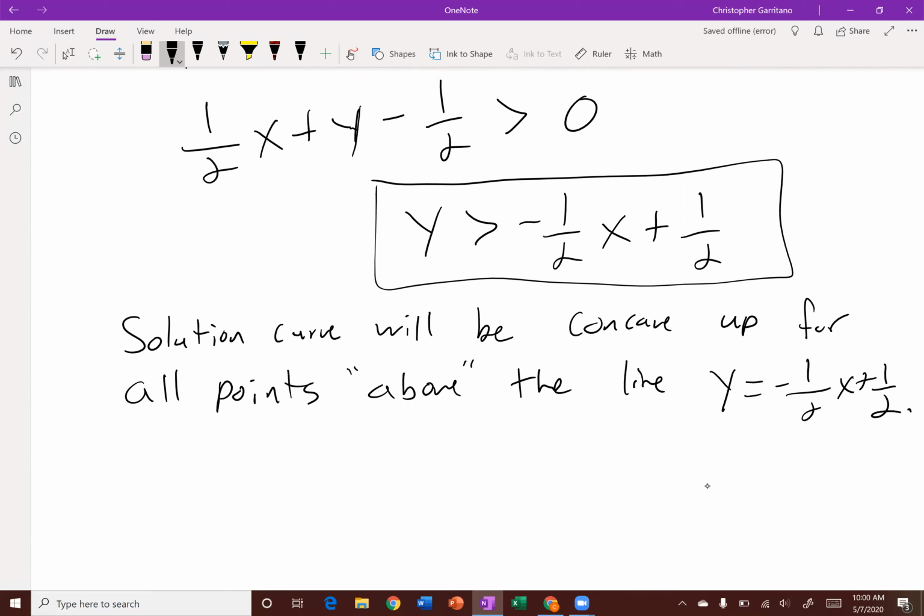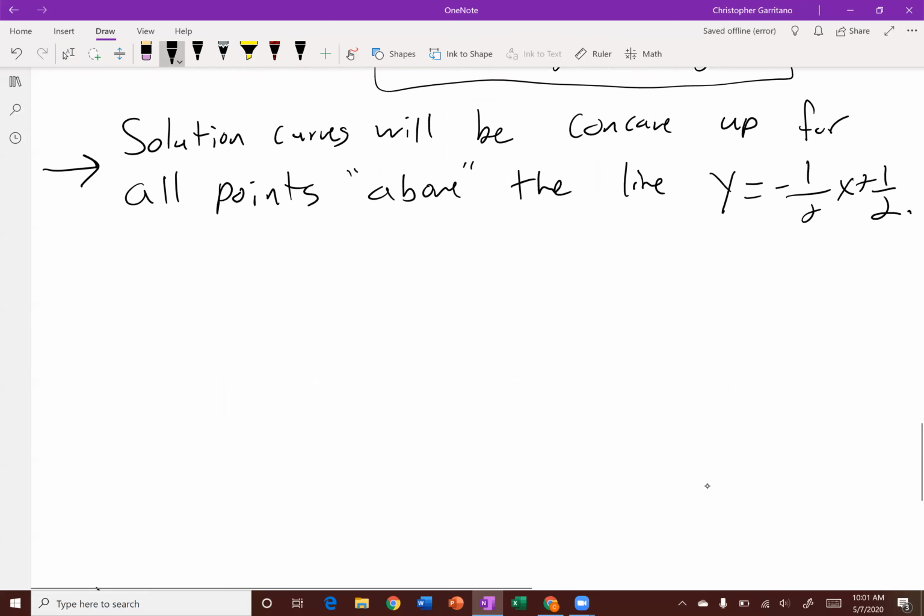So just describing that inequality in words looks something like this. Solution curves will be concave up for all points that are above the line y equals negative 1/2 x plus 1/2. All right, let's go on to part D.